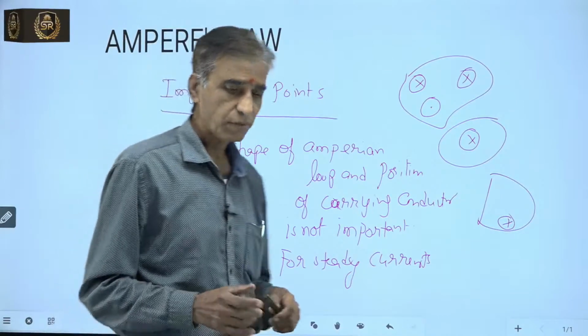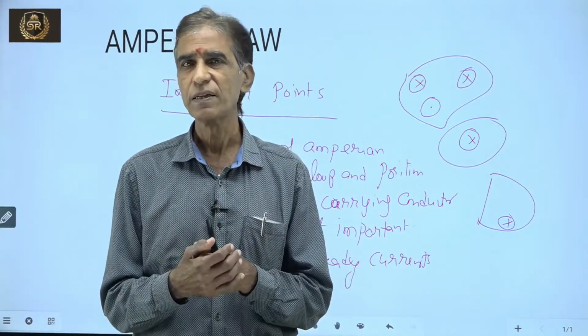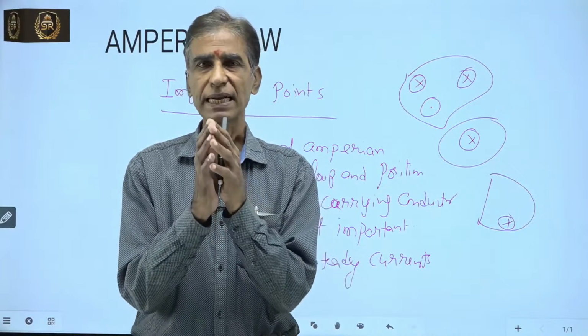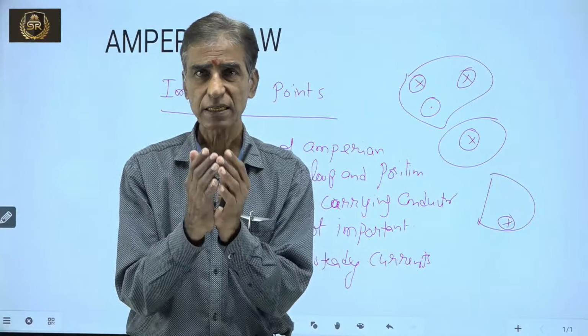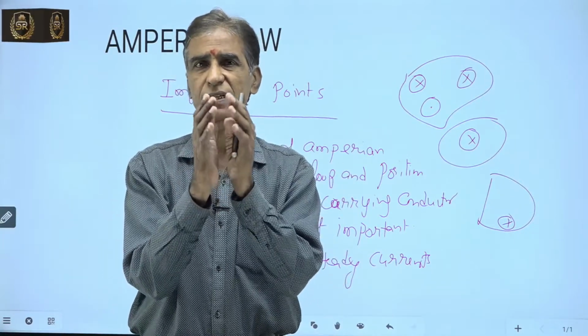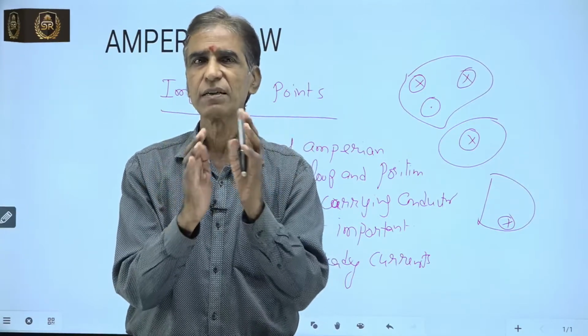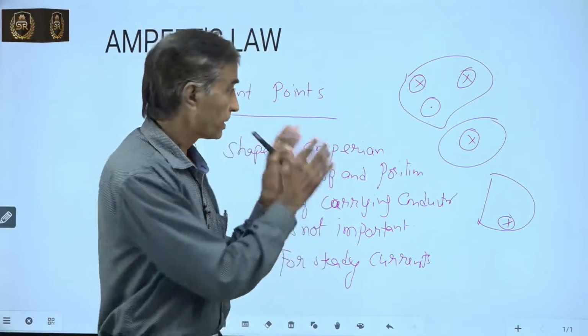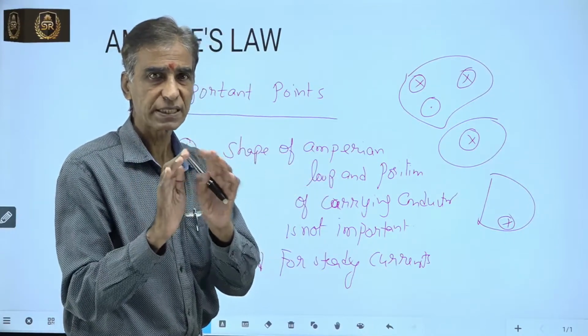Now, we want to apply this Ampere's law to find the magnetic field or magnetic induction inside a conductor and outside the conductor. By using Biot-Savart's law, we can do it, but when symmetry is there, this becomes very, very simple. No complex mathematics is required.